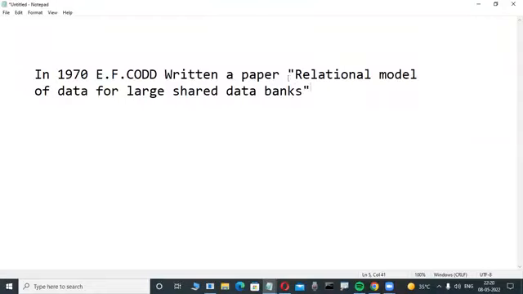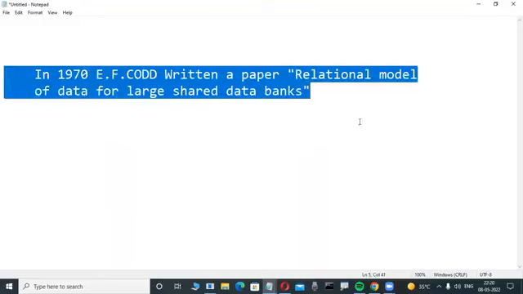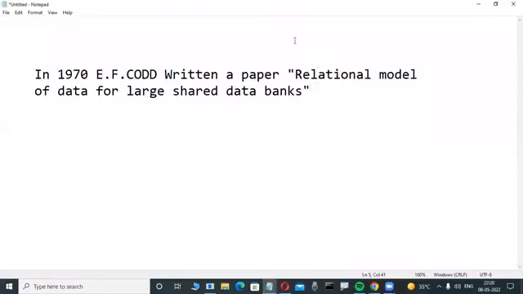He wrote many things in this paper. Based on this paper, nowadays Oracle, SQL Server, DB2 and all those database softwares are implemented. E.F. Codd worked at IBM and was a mathematician. He introduced a new concept, the relational database: data represented in the format of a relational matrix.